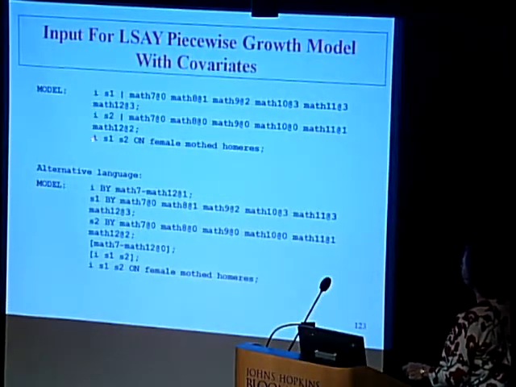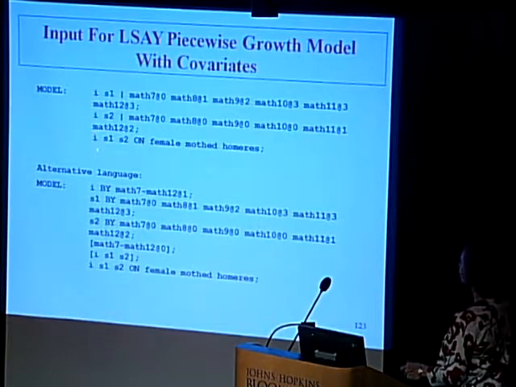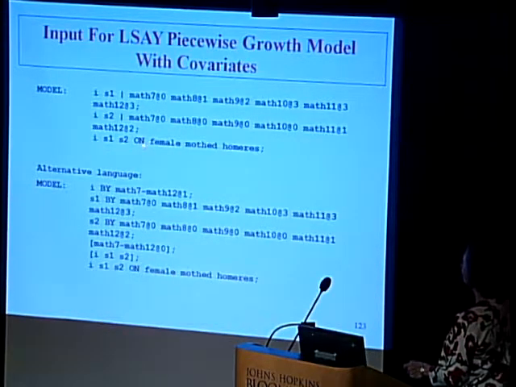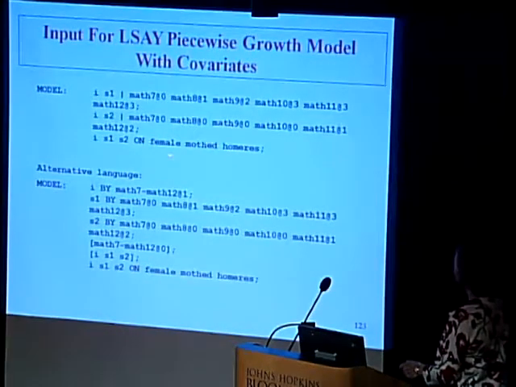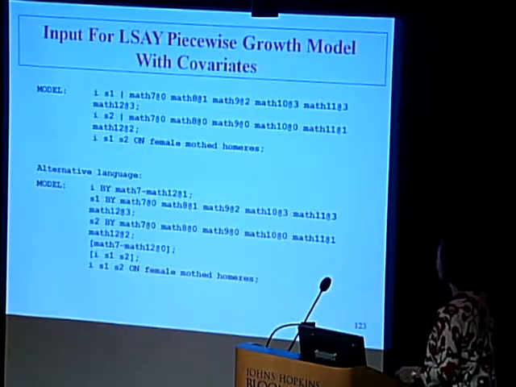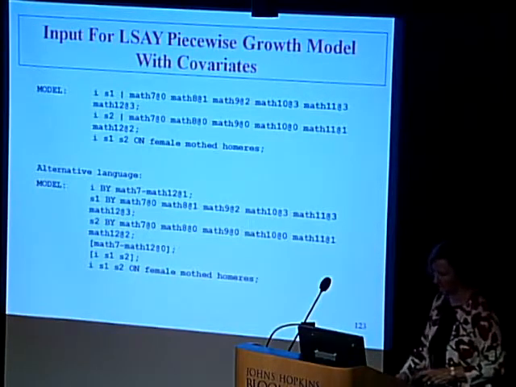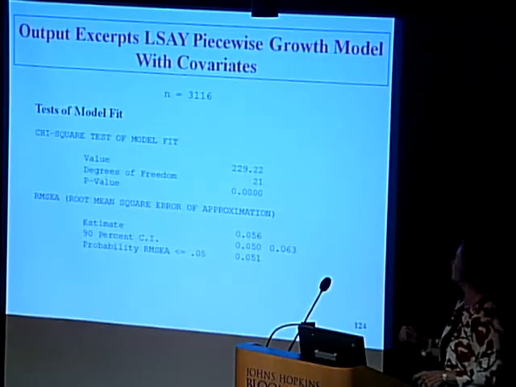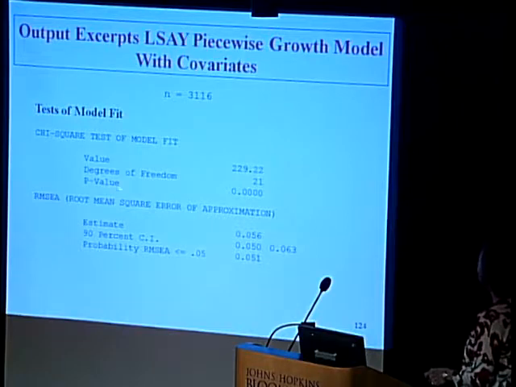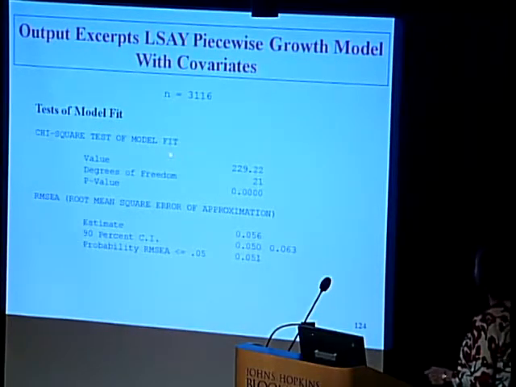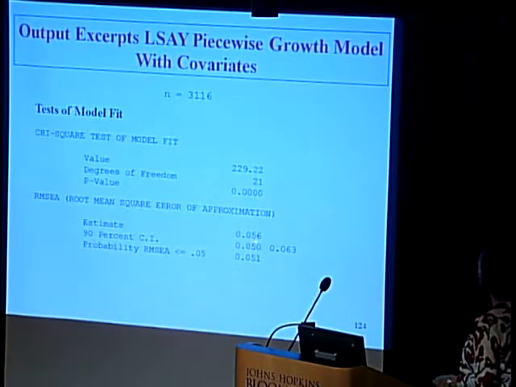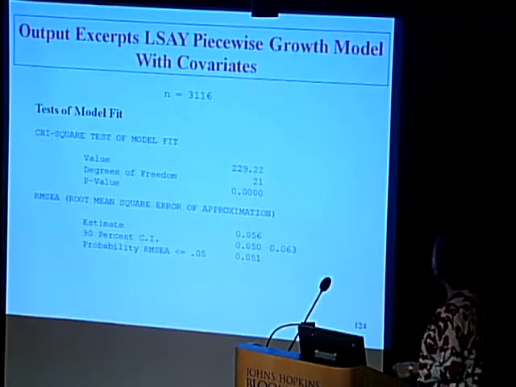And we can regress all three growth factors on the three covariates we talked about earlier: female, mother's education, and home resources. And then we get our tested model fit, which looks okay.